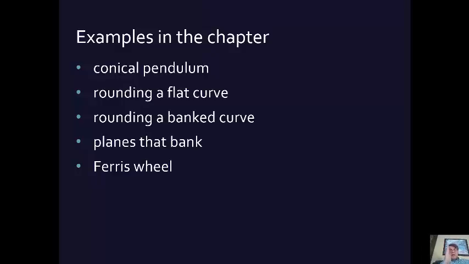This example is balancing off the mg force and the normal force. It subtracts from it at the top and it adds to it at the bottom. So there's a little flavor of this section of the chapter, which basically applies Newton's laws to circular motion, thus the dynamics of circular motion.